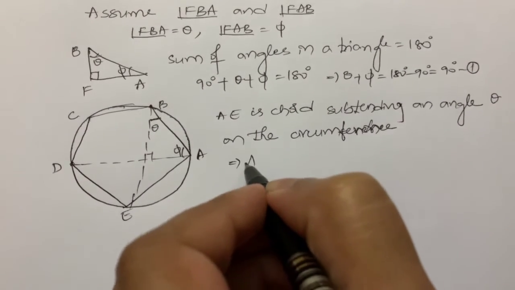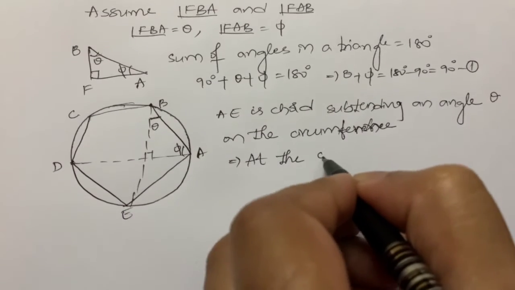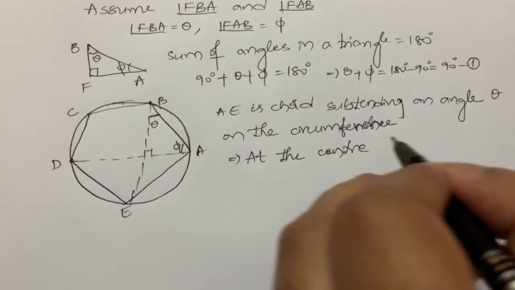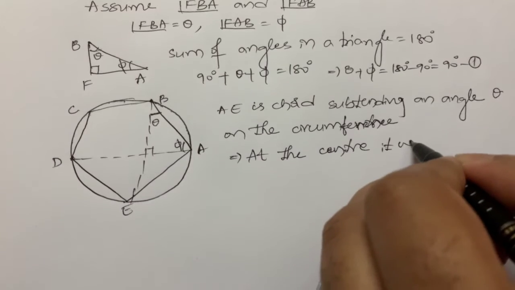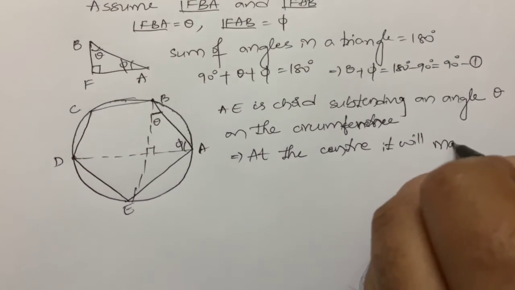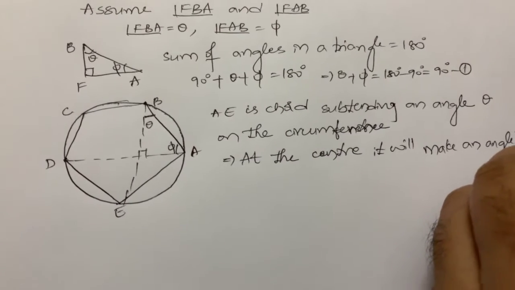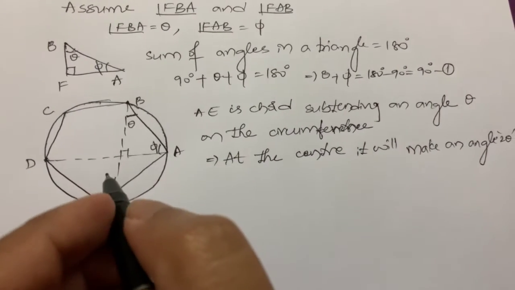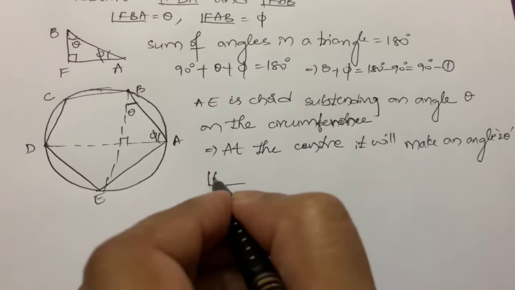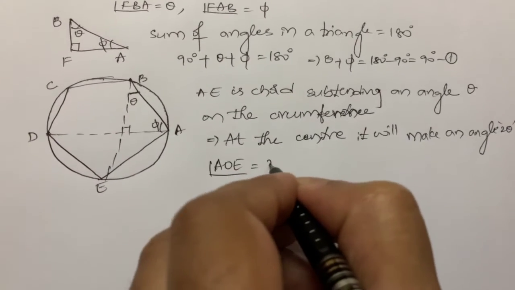So, at the center it will make an angle 2 theta. So, angle AOE is equal to 2 theta.